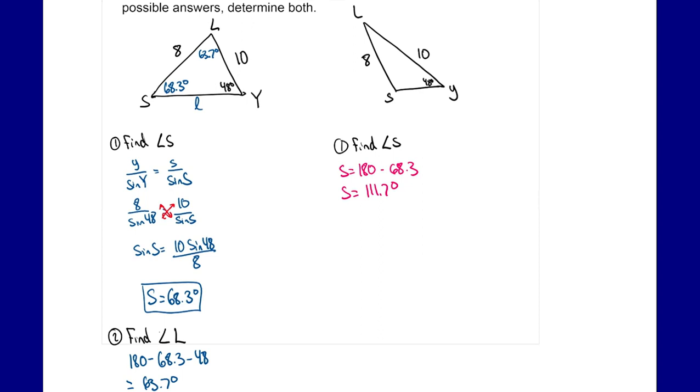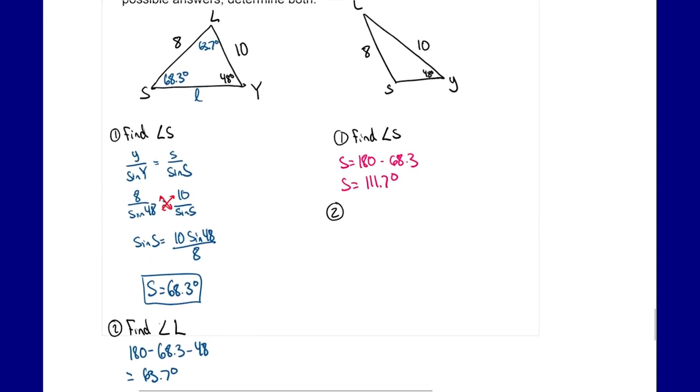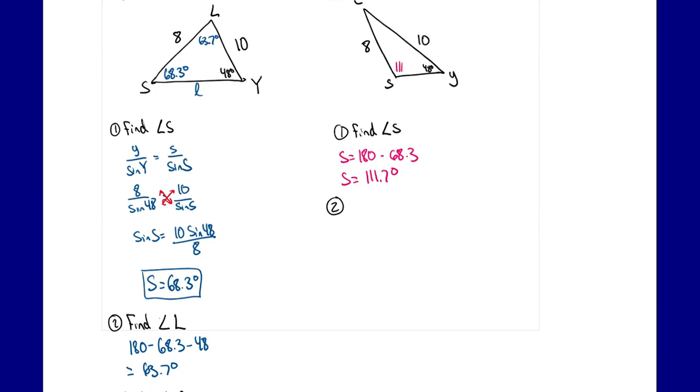Now, step 2 and step 3 are very similar to what we just did, except with a different angle. If I know that this is 111.7, I can find angle L by doing 180 minus 111.7 minus 48, and we get 20.3 degrees. So angle L in this scenario is 20.3 degrees.